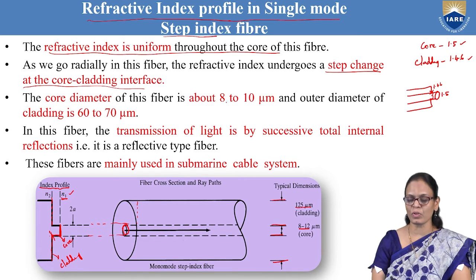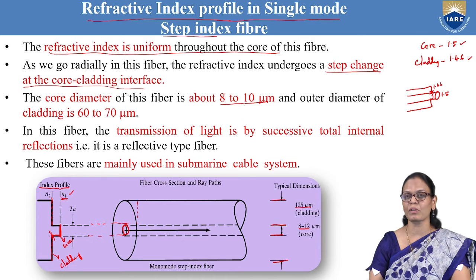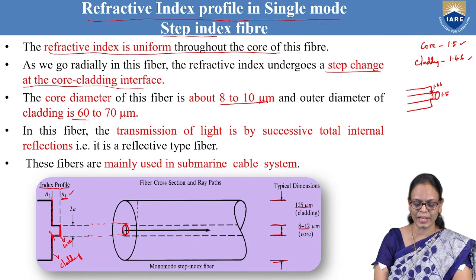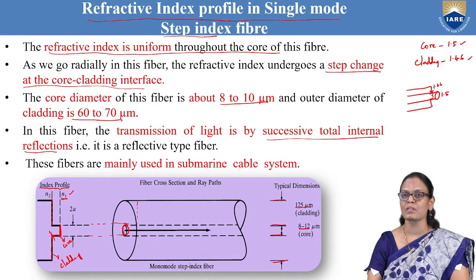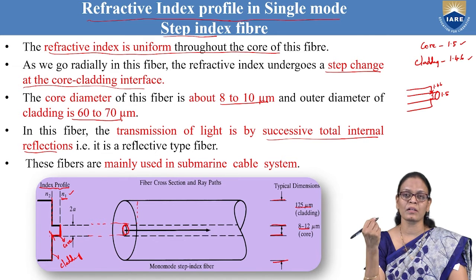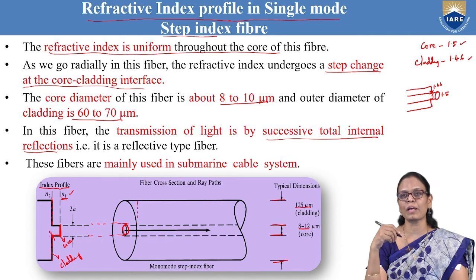The diameter of the core is about 8 to 10 micrometer, and the diameter of the cladding is 60 to 70 micrometer. And in this fiber, transmission of light is by successive total internal reflections. What do we understand by total internal reflection? We have discussed it in the principle of optical fiber. You can refer to the previous videos to understand the principle of propagation in optical fiber.